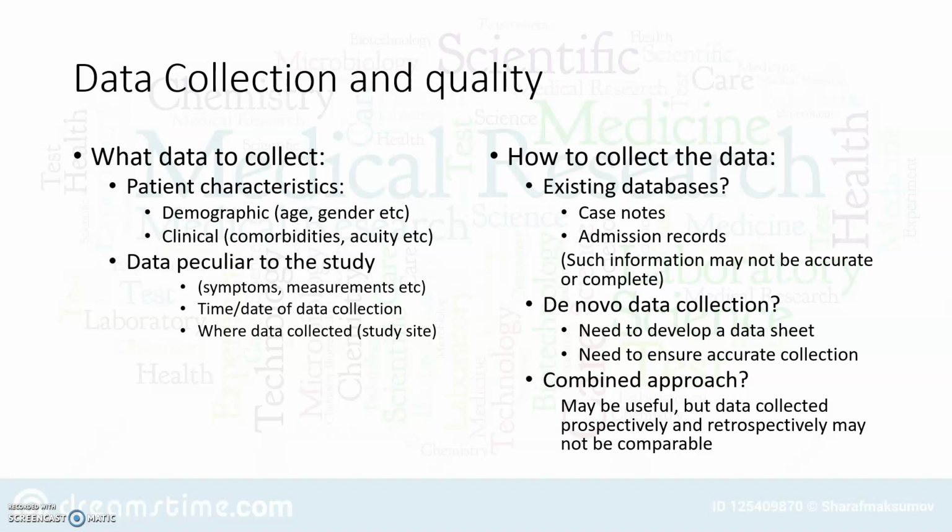Always remember to think about collecting the date and time of the data collection, so you can go back to this if you notice diurnal variation or seasonal variation, for example, and where the data was collected. If you're collecting from more than one site, you need to know what data was collected from each site in case there are variations that are geographically based.